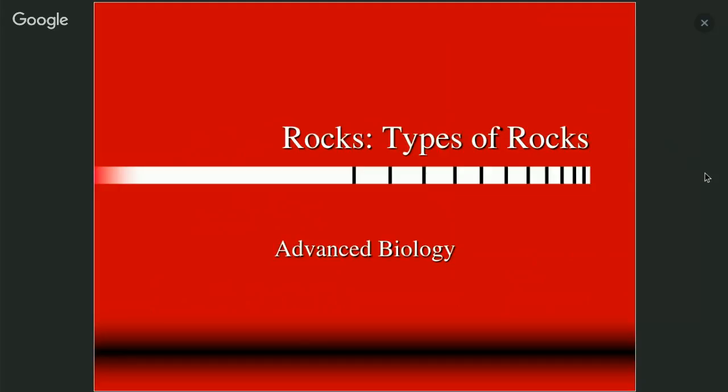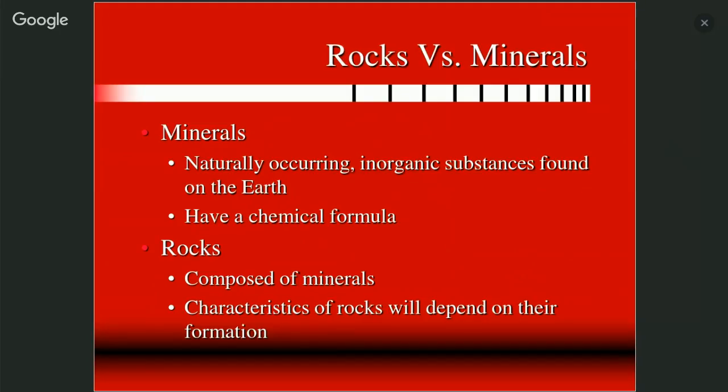So we're going to talk about the different types of rocks today. Yesterday we talked a little bit about the different types of minerals, so this time we're going to talk about the different types of rocks that can be made with those minerals. Just a refresher, a mineral is a naturally occurring inorganic substance found on the earth. They've got a set structure, they've got a set chemical composition.